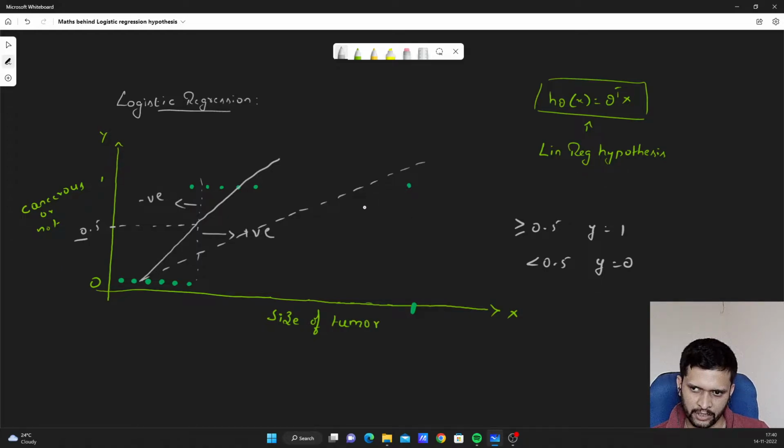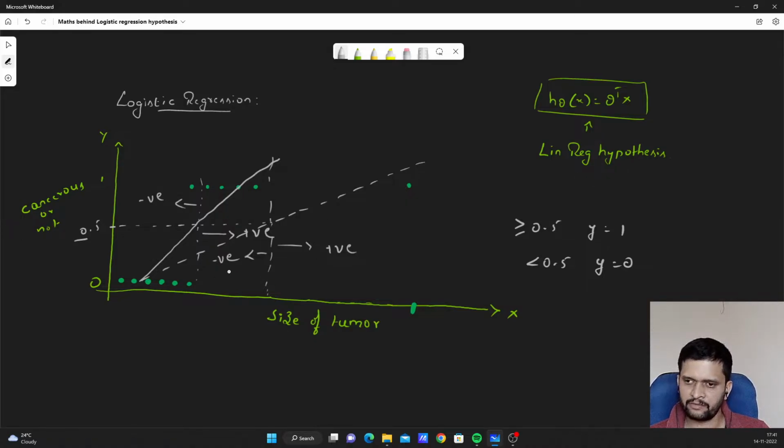Now that we have this particular new straight line fitted to these data points here, if we consider the 0.5 threshold and extend this up to this particular point, our new boundary will be this one, right? So whatever points lie beyond this particular line will be classified as positive, and whatever points lie behind this line will be classified as negative, right?